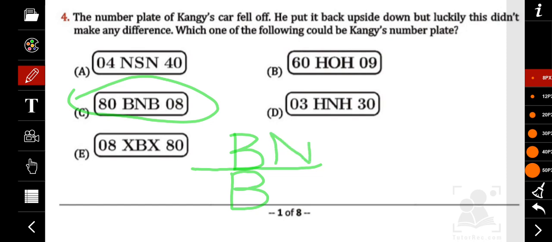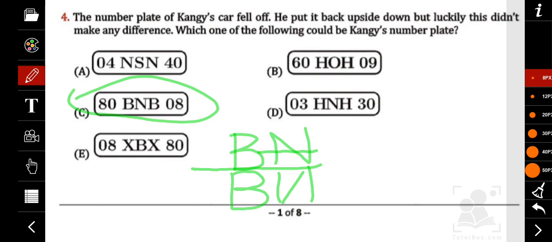Then N, when it is to be made upside down, it is not going to reflect like this. It is going to be something like this, or it is going to be something like this. So this is not going to be our answer.